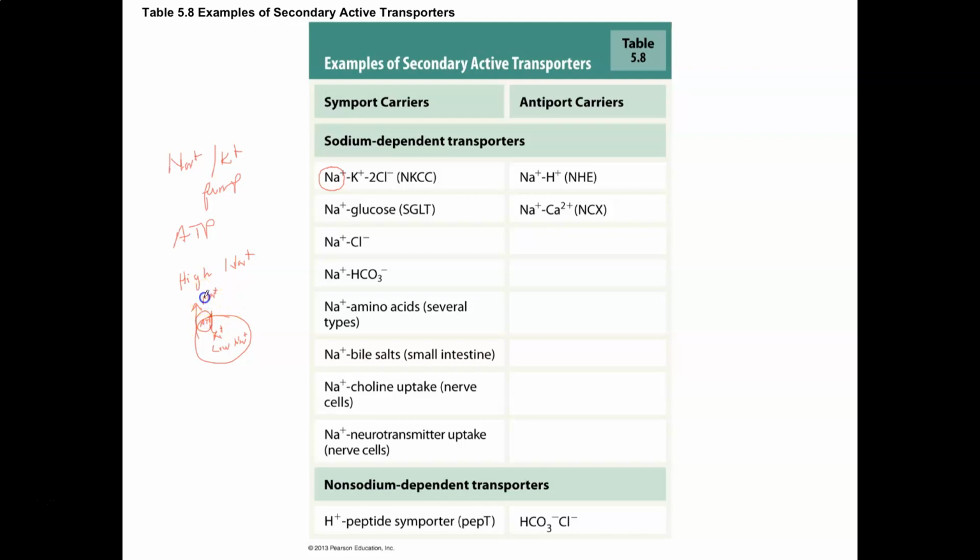Once you have a high concentration of sodium, you can link that with the transport of other molecules or ions.